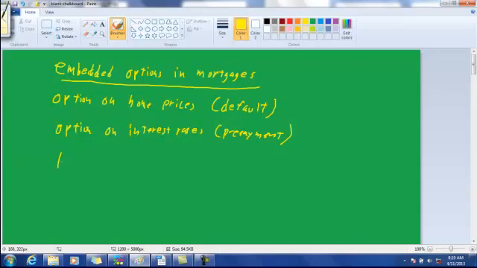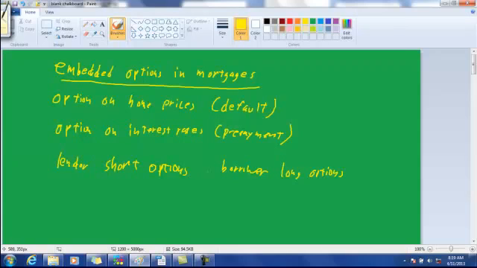So the lender or investor or somebody is short these options, has written these options, and the borrower has obtained these options, so they're long these options. So these options work to the benefit of borrowers, they're to the detriment of lenders.